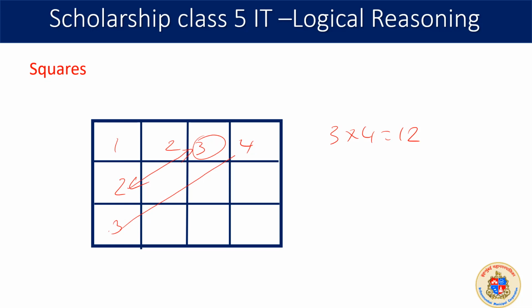You can multiply 2 into 3, which is equal to 6. The larger remaining is 2. That is, total is 20 squares are possible. Here a multiplication, another multiplication here, and add the largest digit remaining.